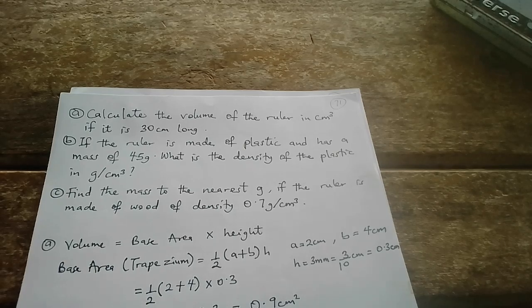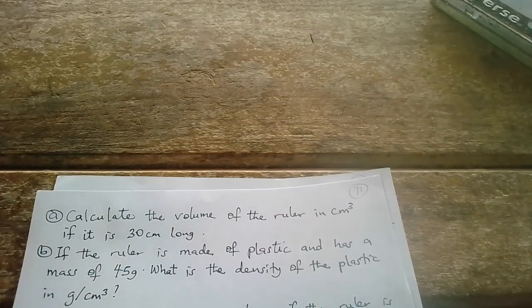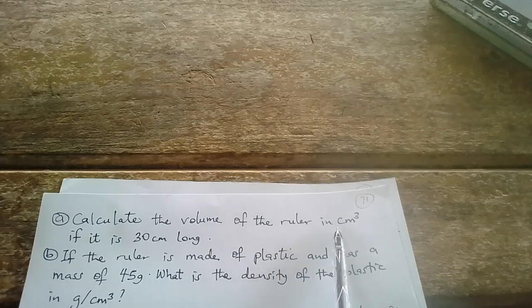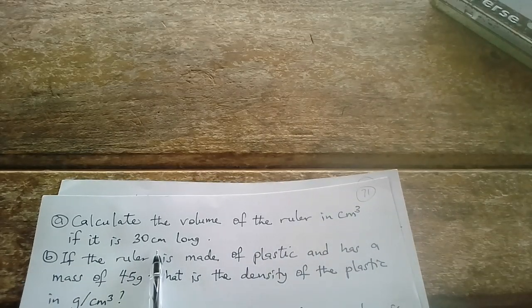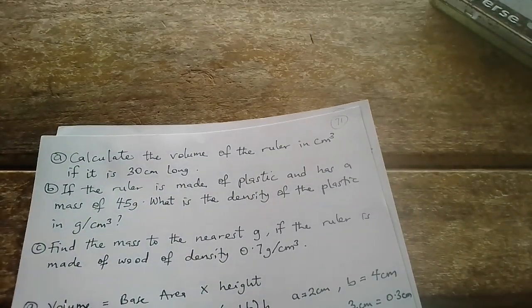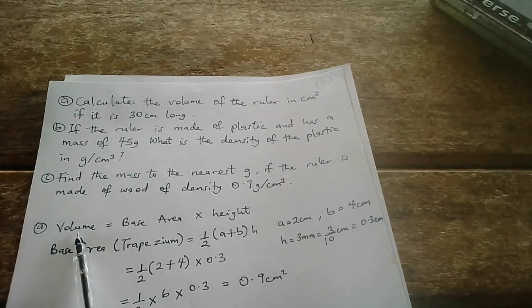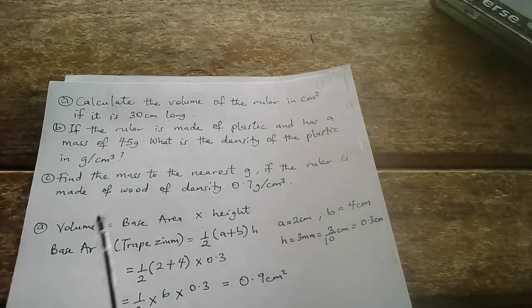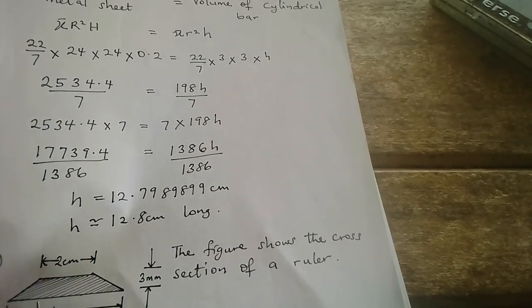Now, you are given this shape. First of all, A part of the question says, calculate the volume of the ruler in centimeter cube if it is 30 centimeter long. Now, normally you know that the volume of any shape, since this is a ruler, can be said to be a prism.